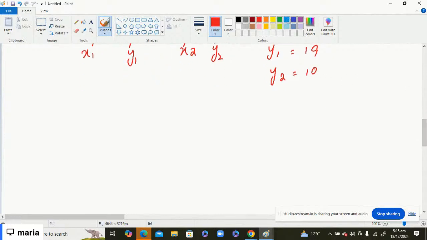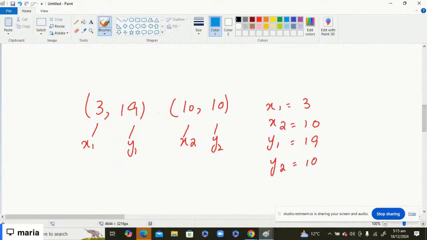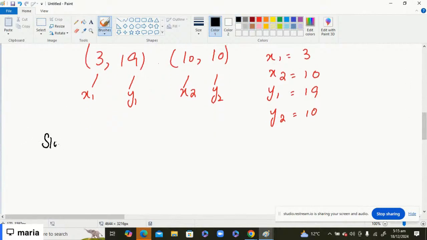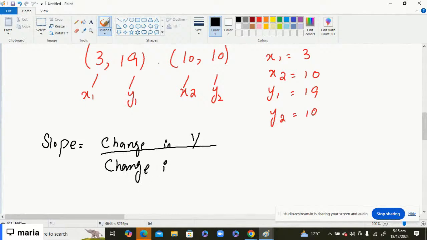Now how to find the slope? Slope is equal to change in y over change in x.